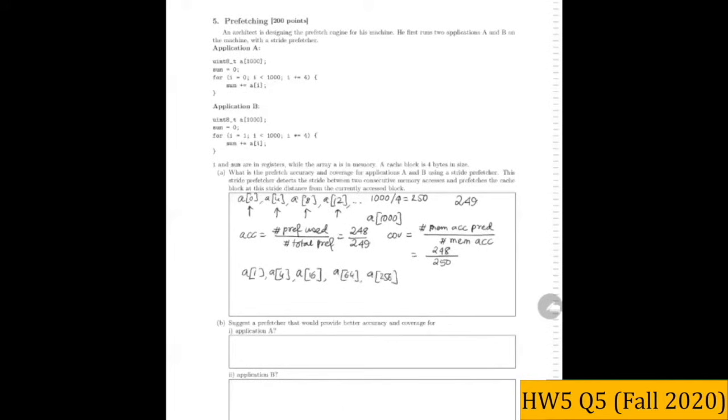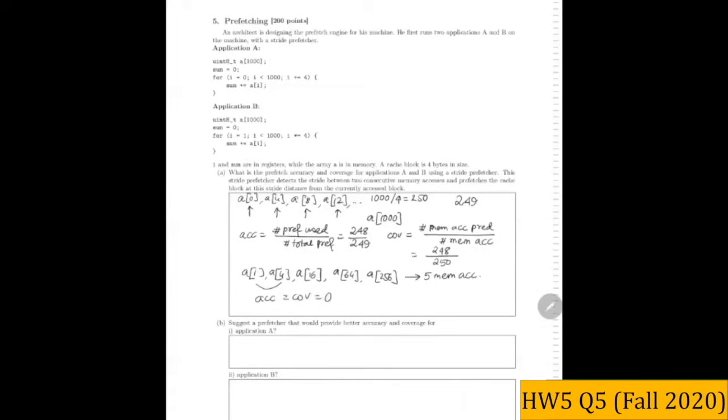So that means in total, the program would make only 5 memory accesses. But in this case, there won't be a constant stride between these accesses. And as a result, the stride prefetcher cannot prefetch any of the cache lines, and the prefetch accuracy as well as coverage will both be 0 for application B.